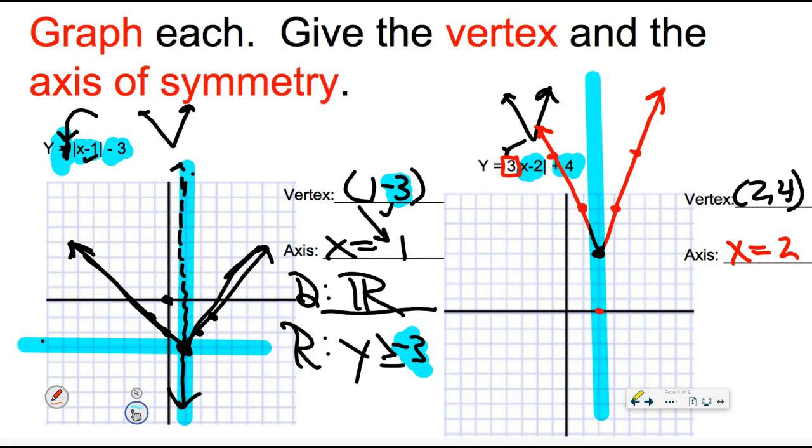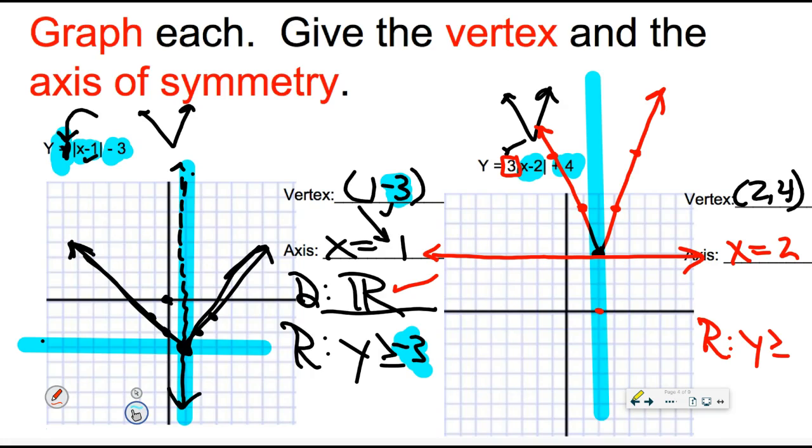Connor, what's the domain? All reals all the time, right? X can be anything, but the range is controlled by the vertex. I'm always above it. So will I do a greater than or a less than? Greater than or equal to?